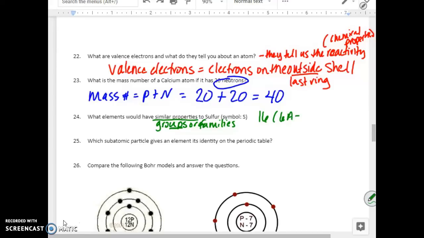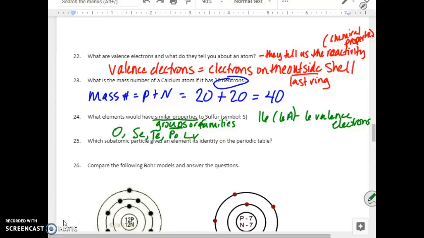So all of the elements in that column have 6 valence electrons, which means they would all act the same. So on top of sulfur, you've got oxygen, then sulfur, then you've got selenium, tellurium, polonium, and livermorium. So those are going to be your elements that act like sulfur.